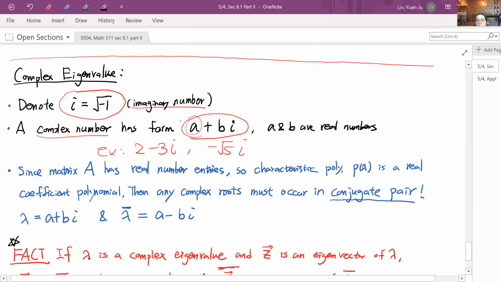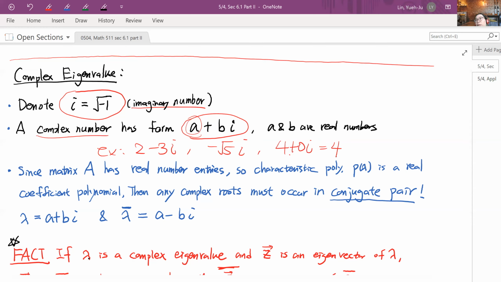Or possibly you could have something that looks like a real number, because you can think of a real number as 4 plus 0i, for example. Then this is just 4. So in some sense, real numbers are a special case of complex numbers. In general, people include real numbers in the complex numbers. Okay, so you could have all the possible complex numbers here.